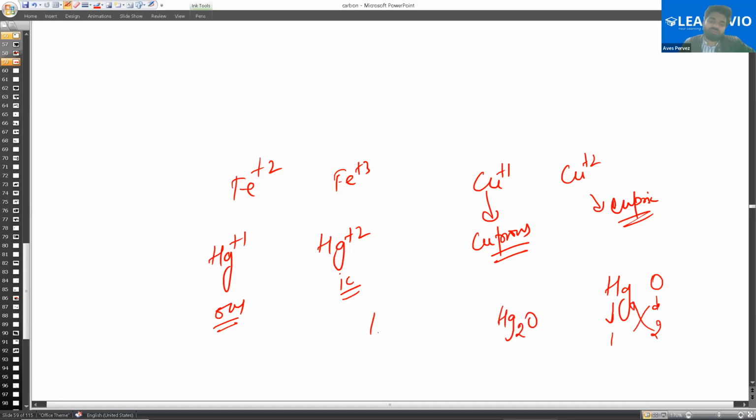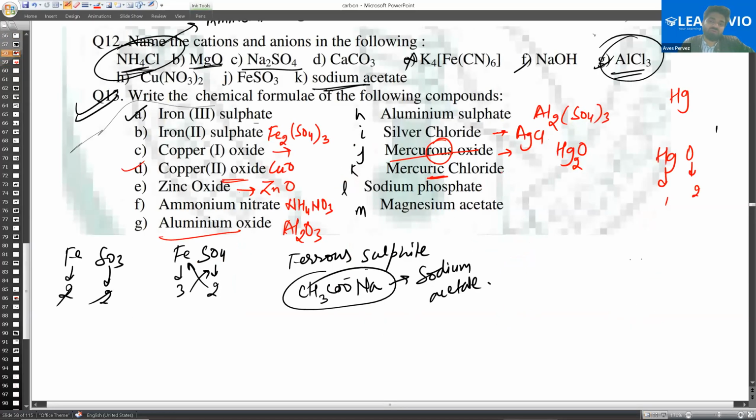But when it is mercuric, it will be 2 and O will also be 2. They will cancel out each other. It will be HgO. So when it is ic, it is the more valency. For mercurous chloride, we get Hg as 1 and Cl as 1, so it will be HgCl. Got it?